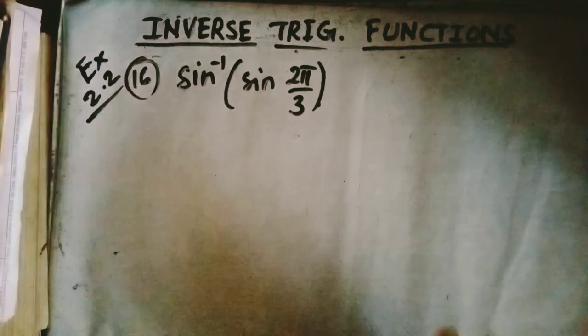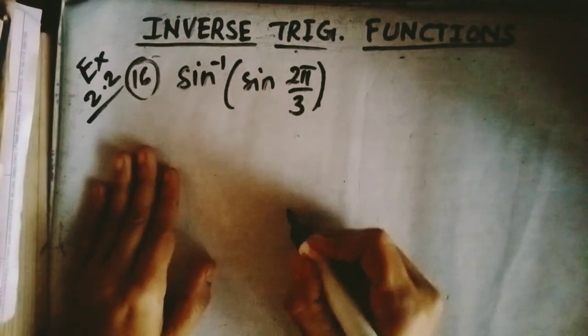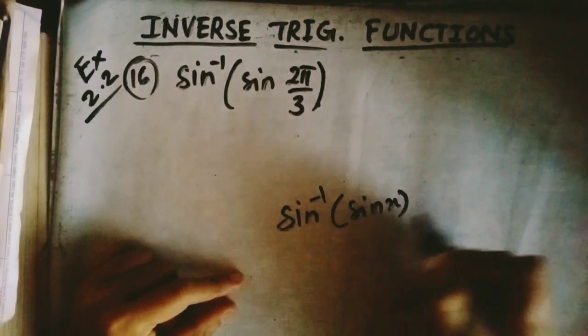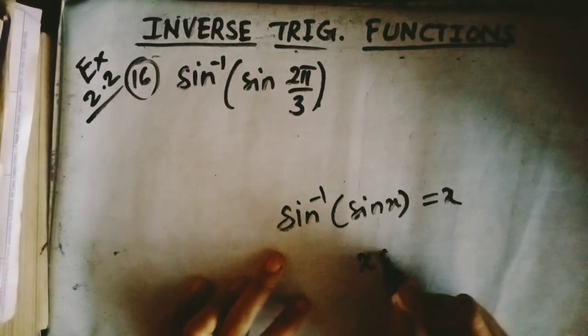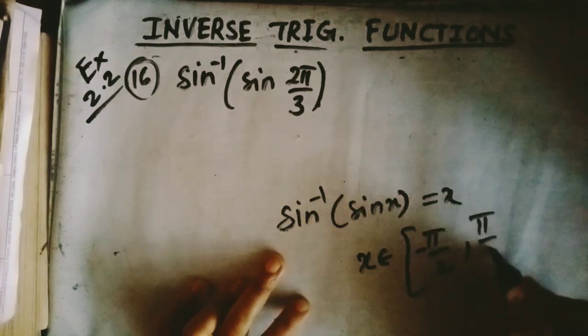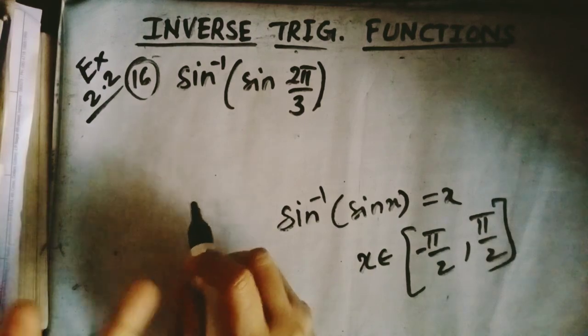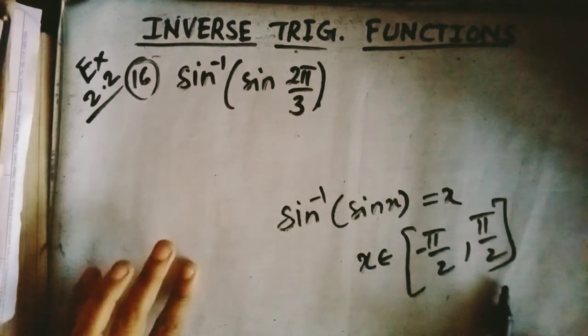Okay, now for this if you want to find a value, that is sine inverse of sine of x equal to x, this happens only when this x belongs to the interval minus pi by 2 to plus pi by 2. Okay, now this 2 pi by 3 we should check whether it belongs to minus pi by 2 to plus pi by 2.